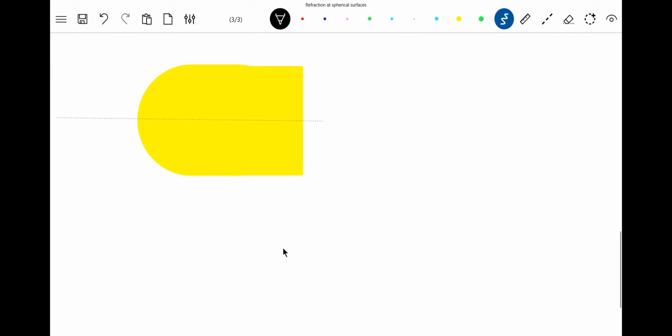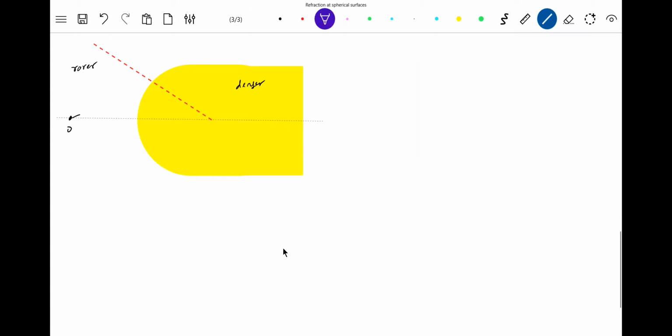Now, if the object is here, what is the condition? The object is placed in the rarer medium facing the convex surface. Look at the boundary. The boundary is convex towards the rarer medium. Let's assume this is rarer and this is denser. So the incident ray, this is the boundary, and look at this, the normal will be indicated here.